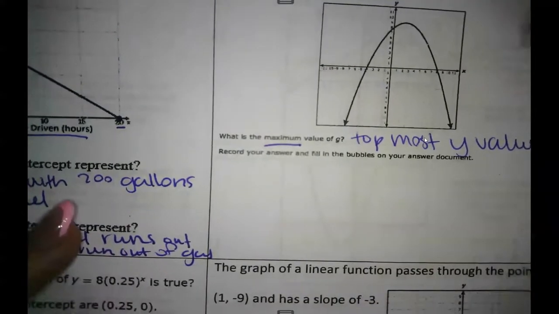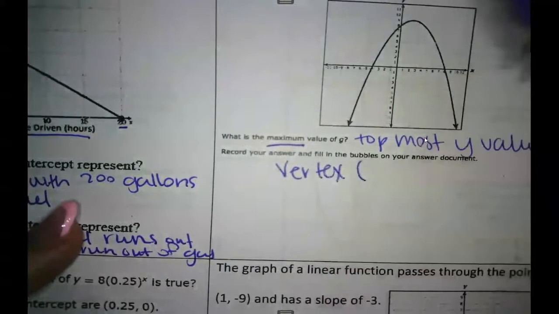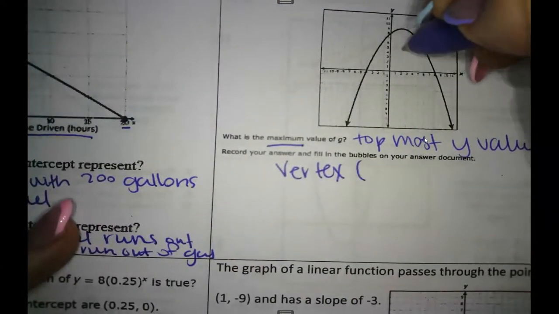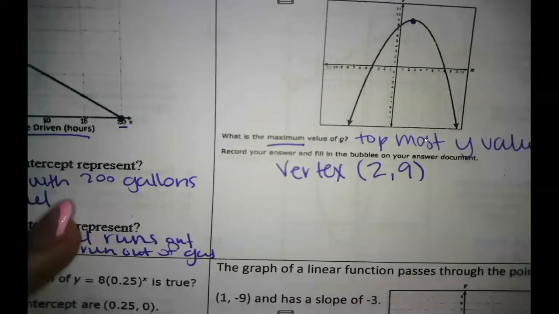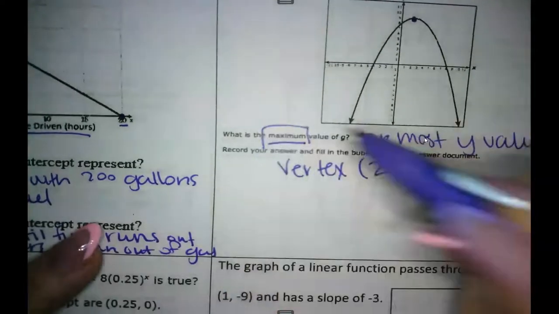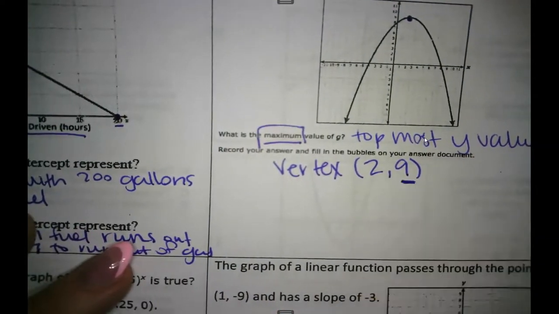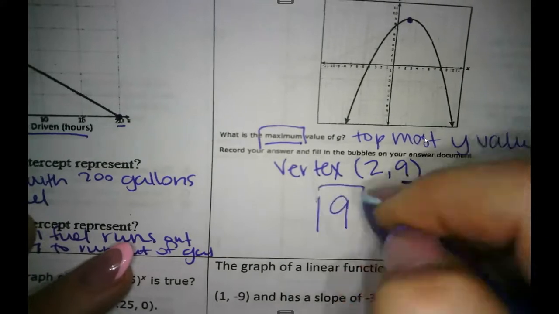So that would be at the vertex. So first, find the vertex, which is right here. That's at (2, 9). Since we want the maximum value, that is this one right here. So if you do have a numerical response like this, you would type in the number +9.